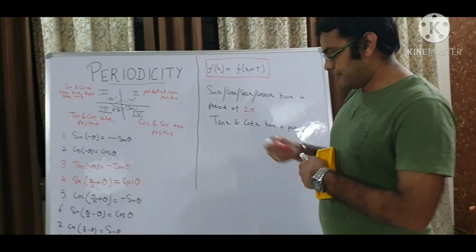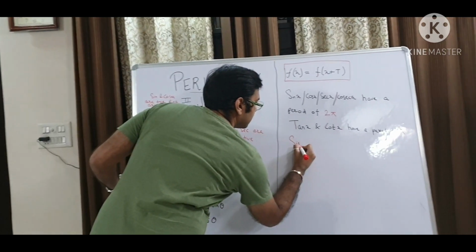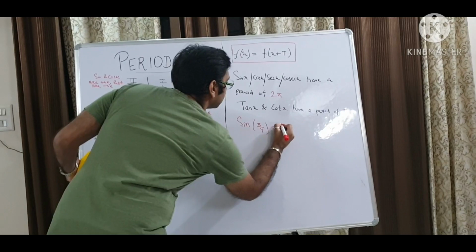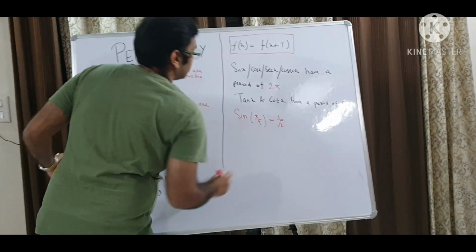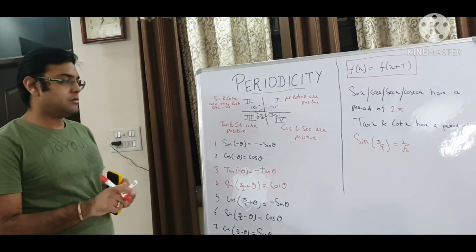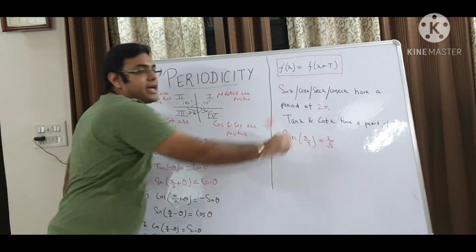For example, sine of pi by 4 equals 1 by root 2. I have just explained that sin x has a period of 2 pi.